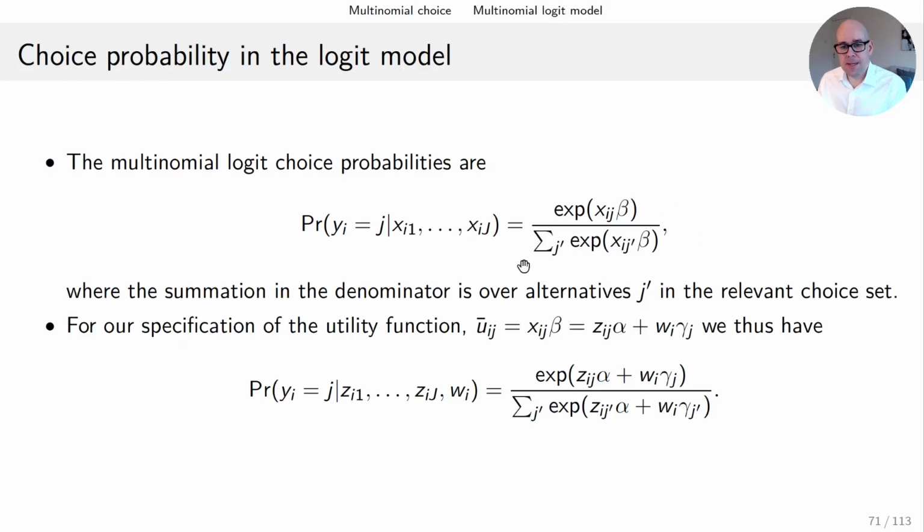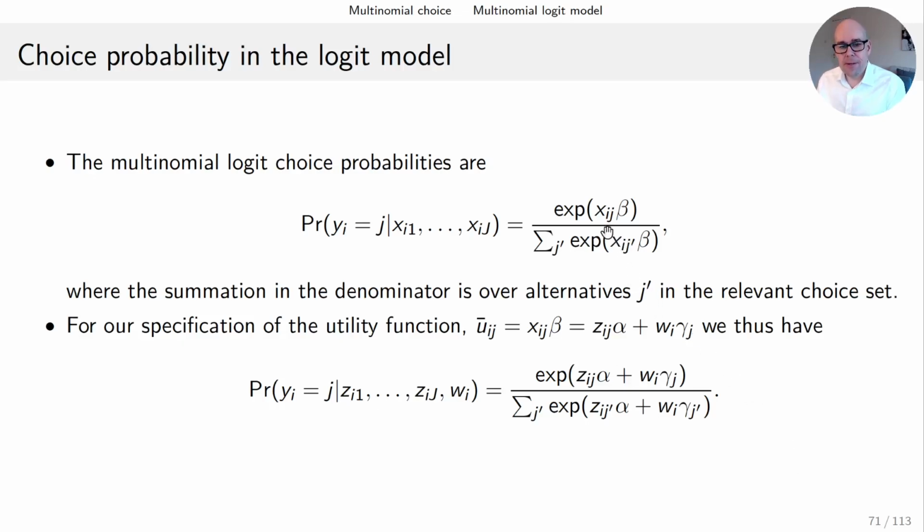And you can see directly that these choice probabilities will sum up to 1 across alternatives, because the numerator will sum up to the denominator, so that plays out nicely.